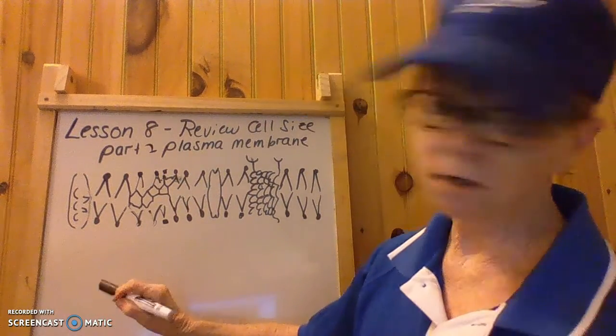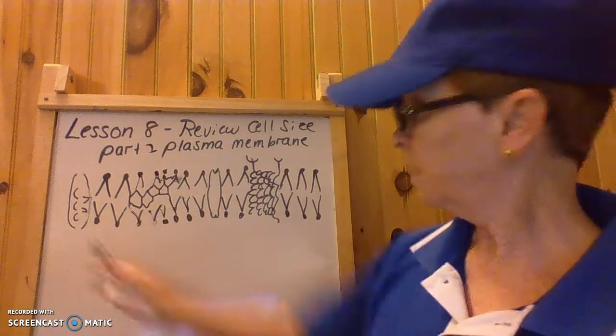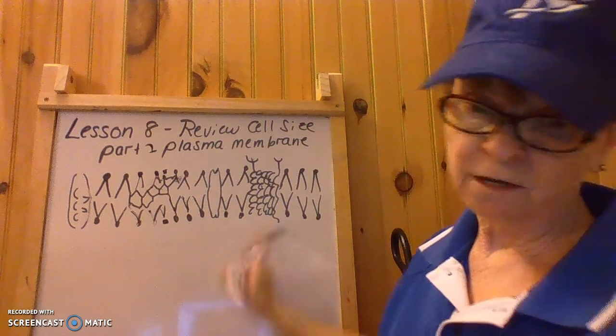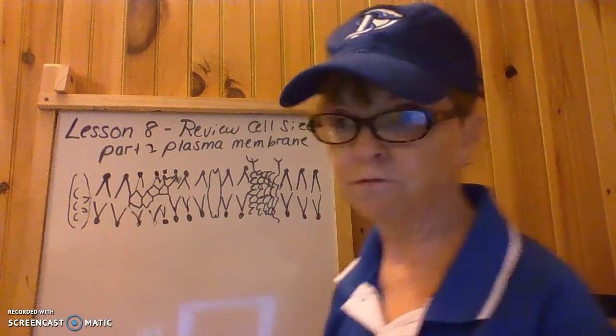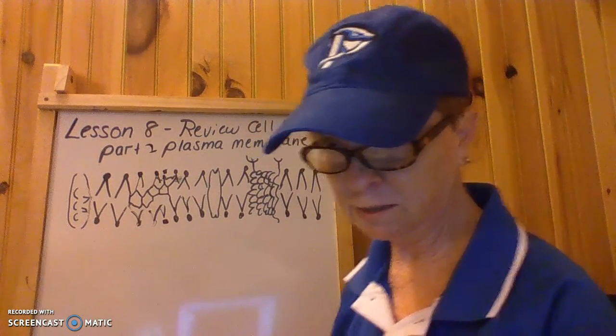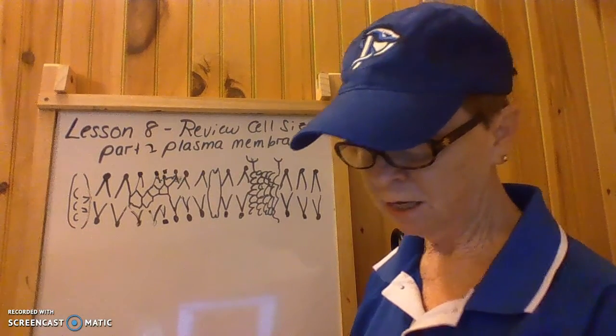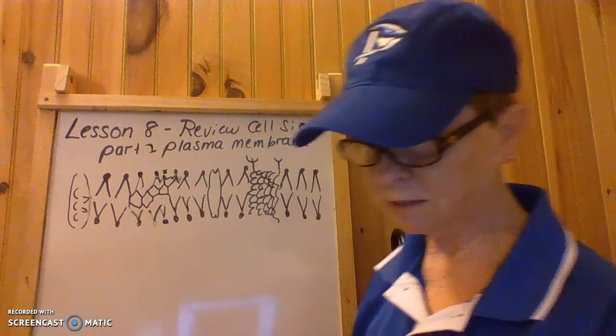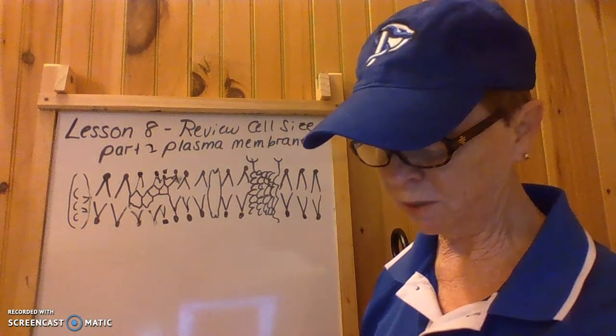So let's take a quick look at the different types of channel proteins and why we have them. The channel proteins have a variety of reasons. These are embedded proteins. And again, the steroids are one of those embedded pieces. We could have glycoproteins, glycolipids.